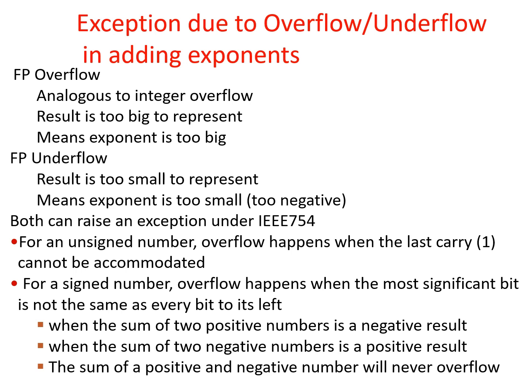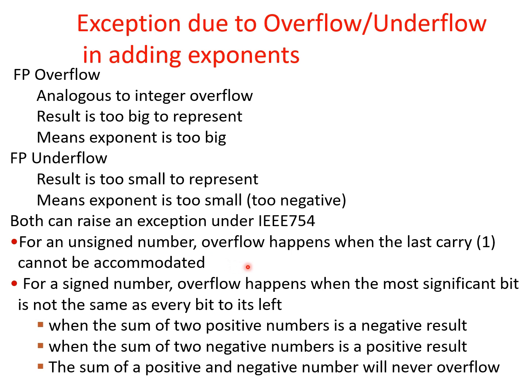So here again I am talking about this exception. What is that exception? As I told you, this exception may happen when there is overflow or underflow in adding the exponents. It is just like any other integer overflow or underflow. Overflow means the result is too big to represent in that number of bits, and underflow means the result is too small to represent. Both can raise an exception under IEEE 754.